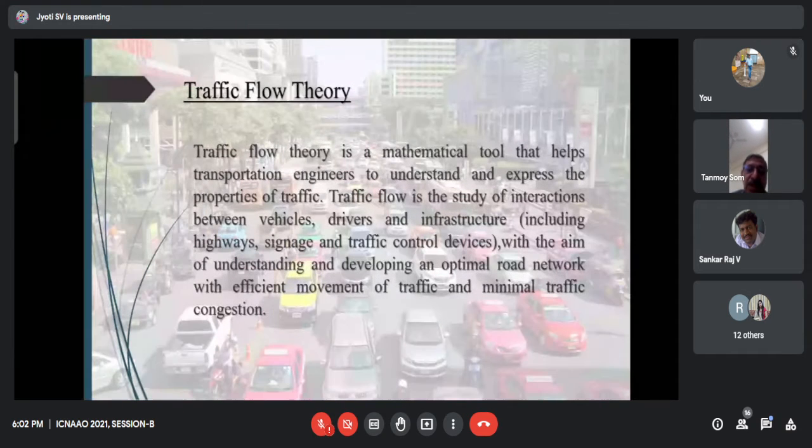Traffic flow theory is a mathematical tool that helps transportation engineers to understand and express the properties of traffic. Traffic flow is a study of interactions between vehicles, drivers, and infrastructure, including highways, signage, and traffic control devices, with the aim of understanding and developing an optimal road network with efficient movement of traffic and minimal traffic congestion.